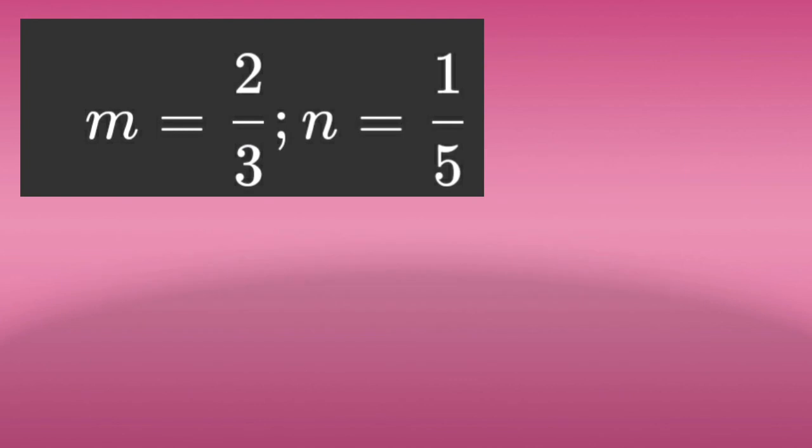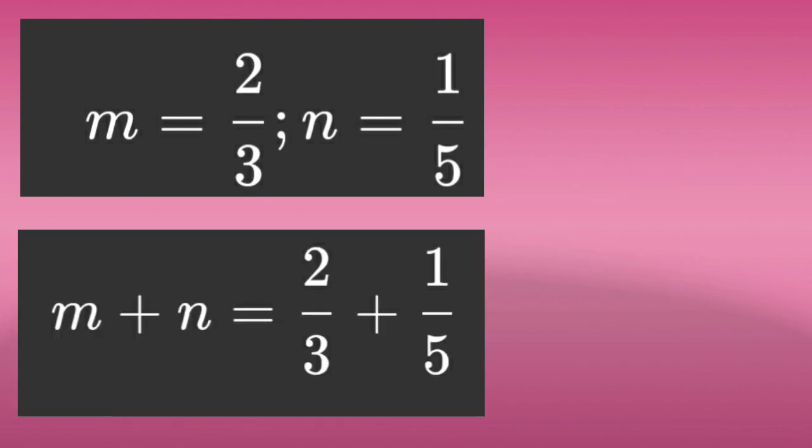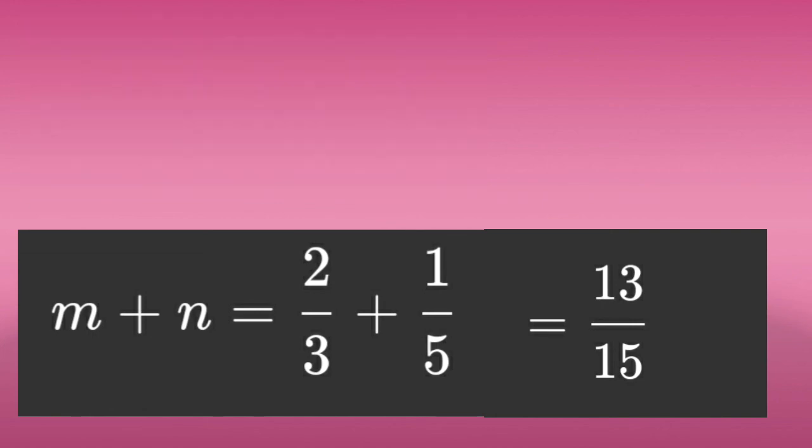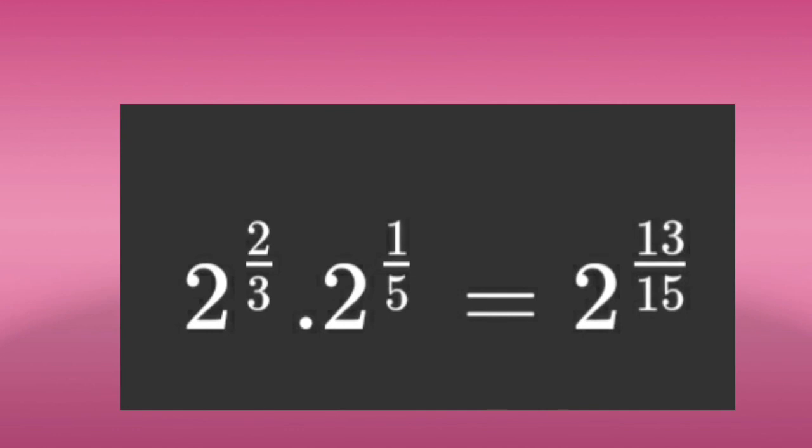So what will you get? 2 raised to 2 by 3 plus 1 by 5, which is equal to 2 raised to. What is 2 by 3 plus 1 by 5? You have to take LCM. Then you will get 13 by 15. So 2 raised to 2 by 3 into 2 raised to 1 by 5 is 2 raised to 13 by 15.